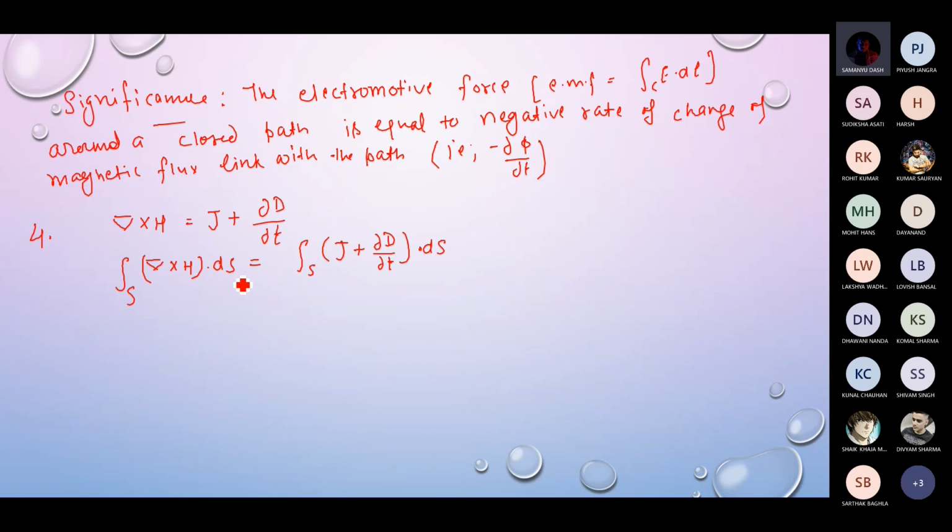Let us use Stokes theorem again to convert the surface integral on the left hand side into the line integral.